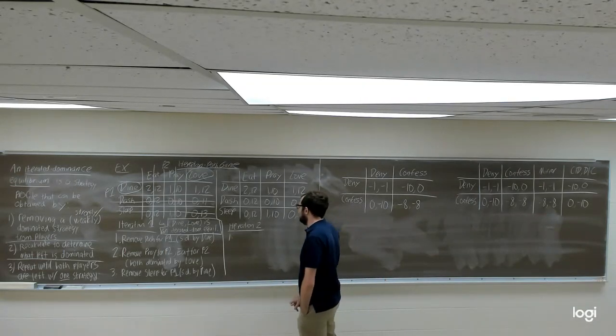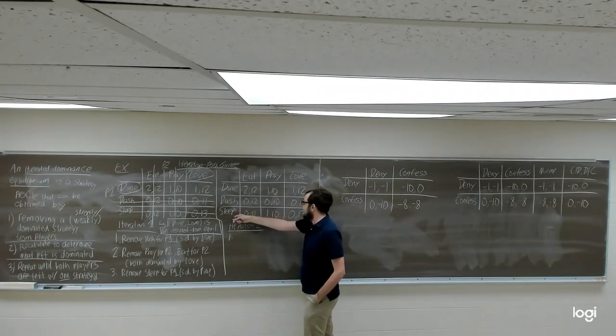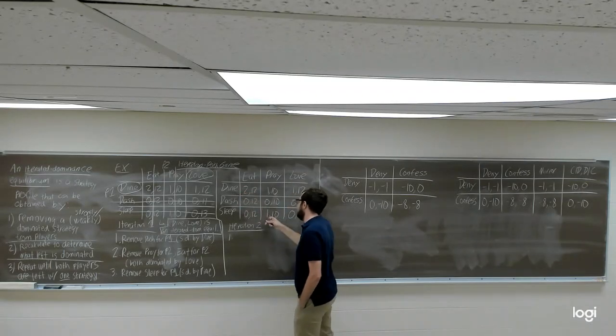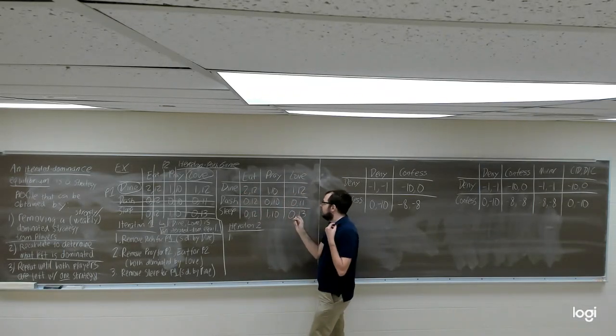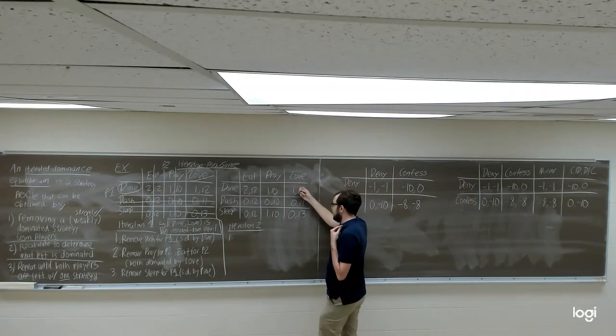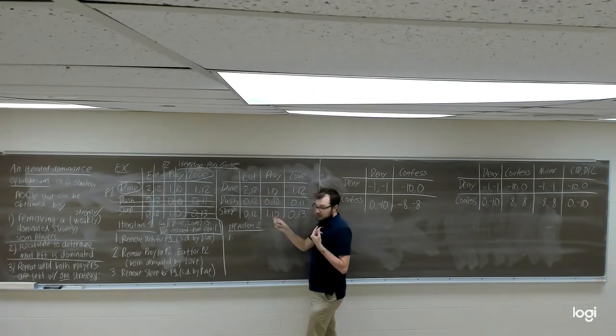Let's say this time, just for the heck of it, we want to remove sleep for player 1. Because as a strategy for player 1, sleep is going to be weakly dominated by dine. If player 2 eats, dine is better. If player 2 loves, dine is better than sleep. If player 2 prays, dine and sleep are going to be equal to each other.